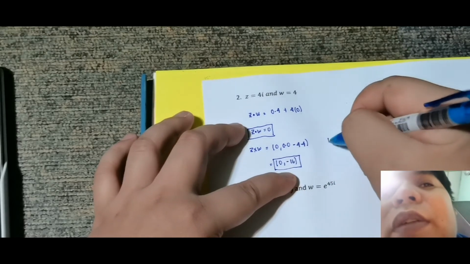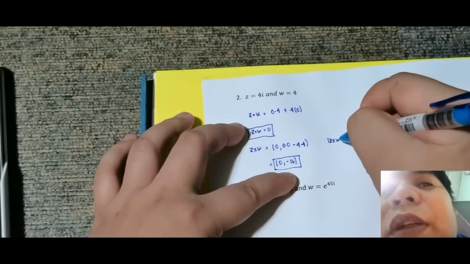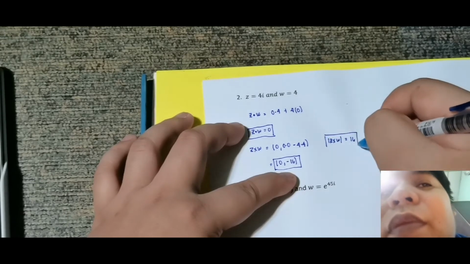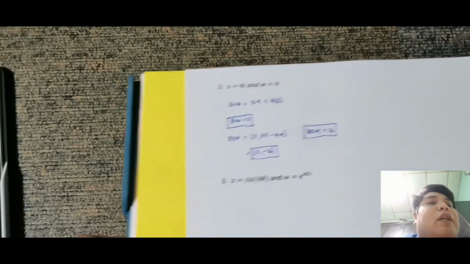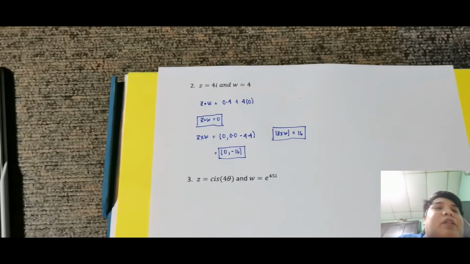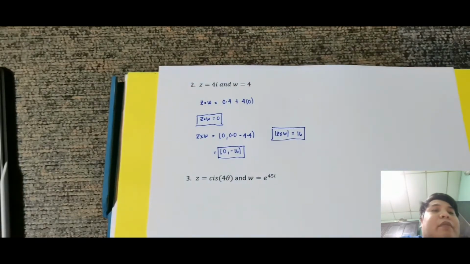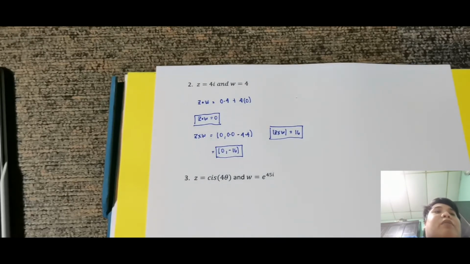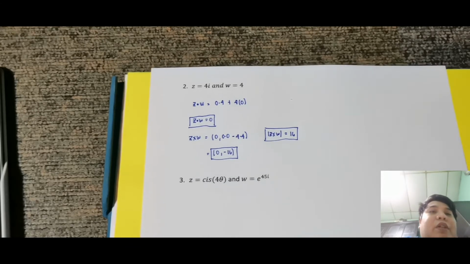So yung modulus ng cross product, i-absolute value ko lang, that is only 16, kasi square root ng 0 squared plus negative 16 squared, magiging positive lang yun. Baka isipin nyo square root ng negative 16 squared is negative 16. No, may property tayo na square root of x squared is absolute value of x. Tandaan nyo rin yan.